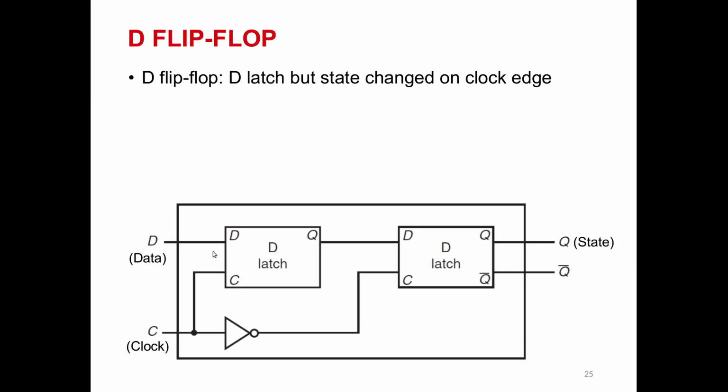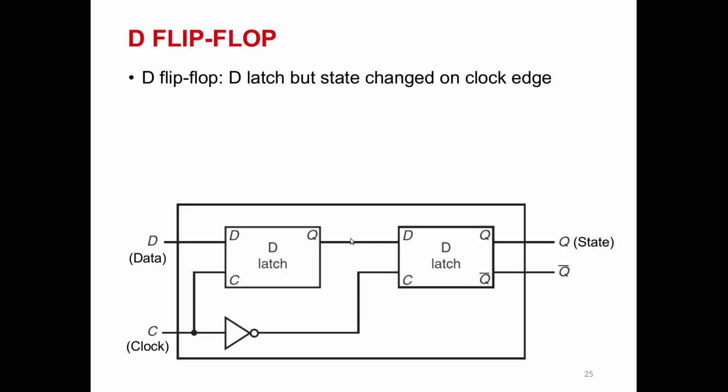As you can see here, this D latch will have its D value forwarded to this Q when the clock is high, and then when the clock changes to low, this signal will change to high, and so the clock here will be high, while Q here will keep the same as D here.